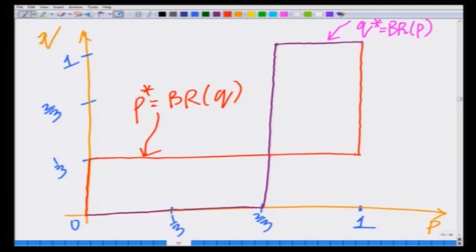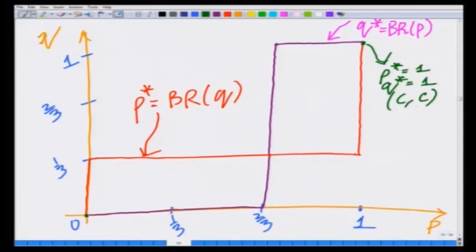And now, you can see where the best responses are intersecting. The best responses are intersecting at 3 points. This corresponds to p star equals 1, q star equals 1, that is, both of them are always choosing to watch cricket. P star equal to 1 means the boy is always choosing cricket.